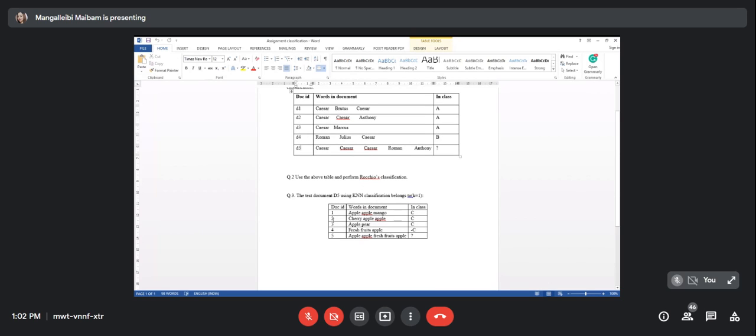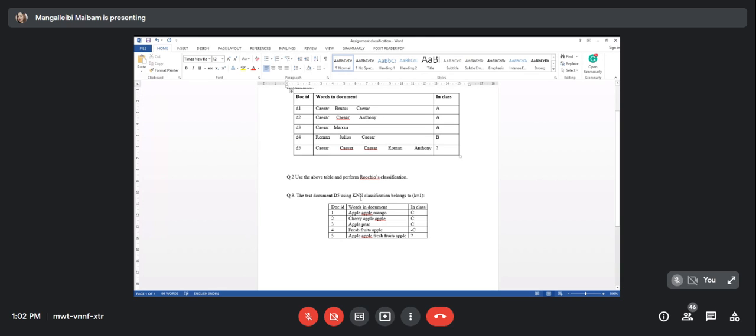And the third question is to classify the test document D5 using KNN classification with K equal to 1. K equal to 1 is very easy, so you can try K equal to 3 also. So these are the two questions.